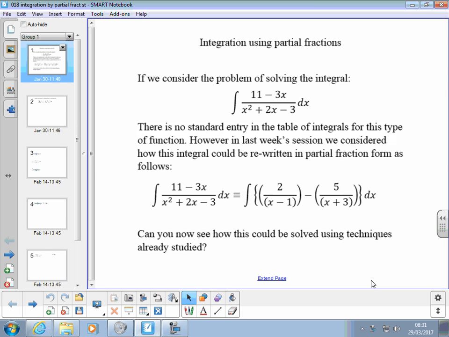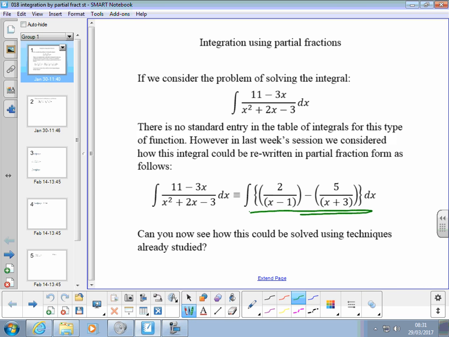So consider the problem of solving the integral of (11 minus 3x) over that quadratic. There isn't a standard entry for that in your table of standard integrals. But what we looked at last week was how we can resolve that into partial fractions that are equivalent to it. So this function here.